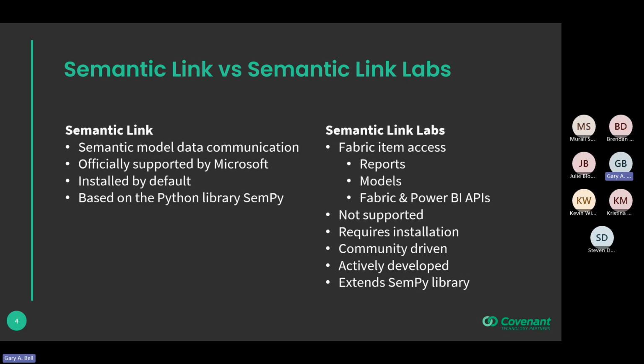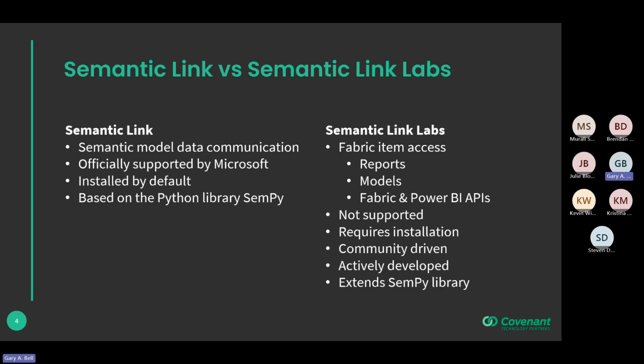In terms of the key differentiator here, Semantic Link is something that Microsoft put together to allow, as Gary mentioned, data science workloads, to allow data level understanding of semantic models. Think about an organization: you put together a semantic model that describes your business area, maybe a sales model or a finance model.